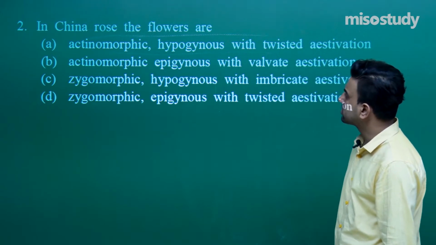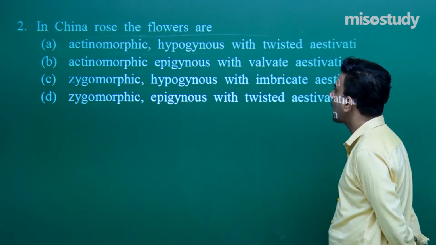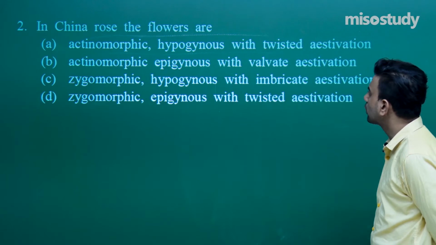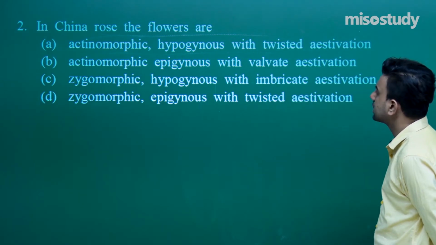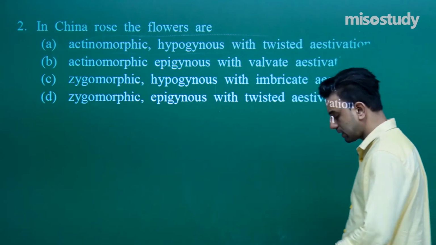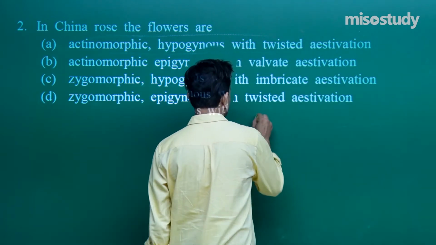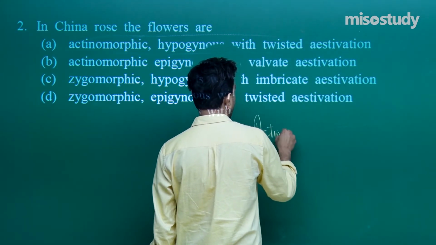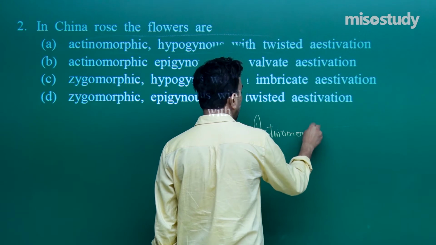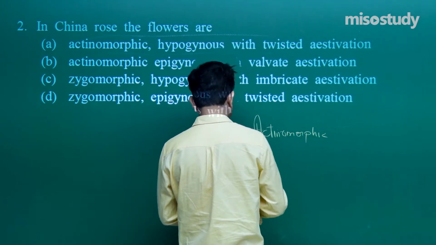In China rose, the flowers are actinomorphic, hypogynous, with twisted aestivation. So what is an actinomorphic flower?